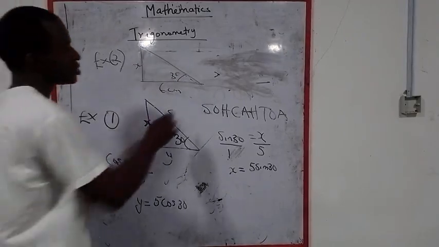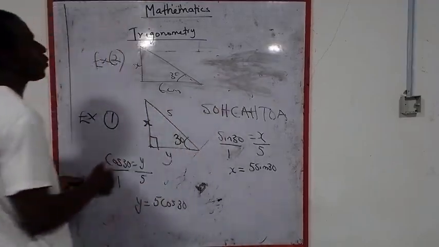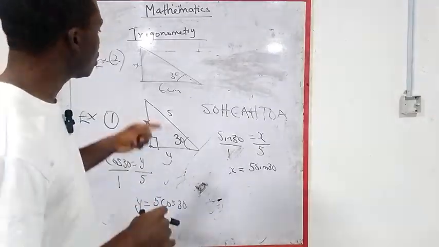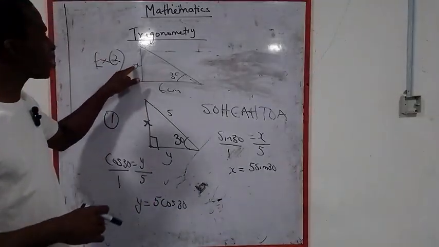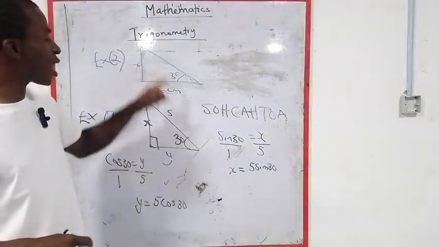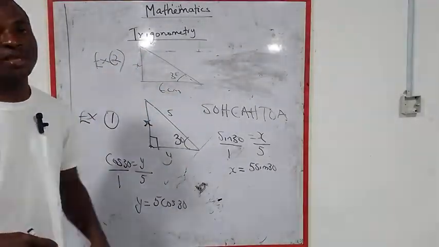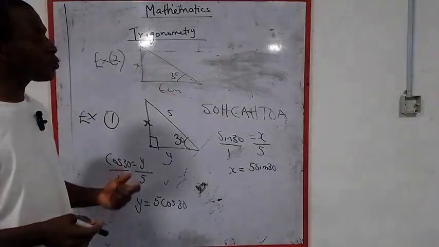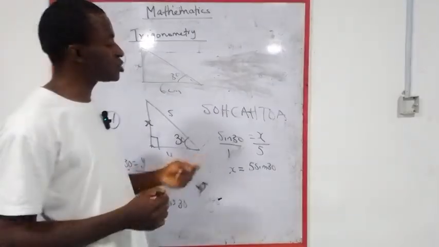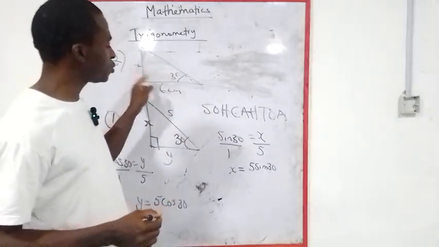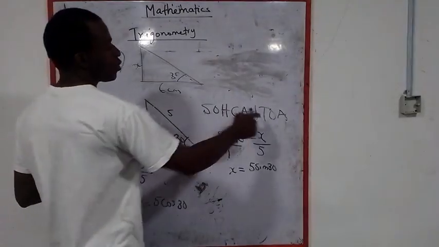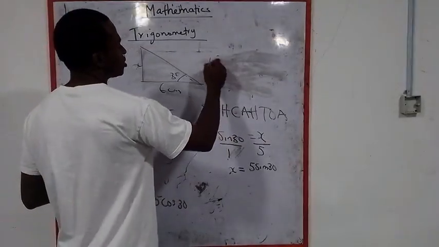In this case, what we are looking for is the opposite, and we have been given the adjacent. The longest side is the hypotenuse. The one that is useful here is opposite over adjacent, so it's tan.